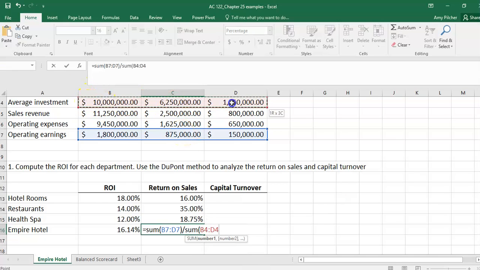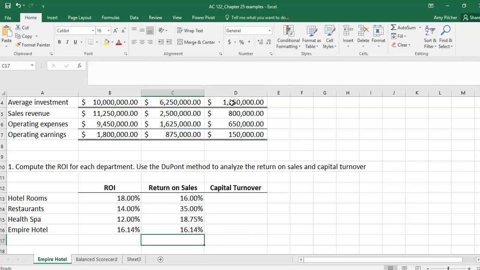We also have that some people use operating income for these calculations, some use net income, and by making different choices, it's hard to really compare what one ROI is saying over another ROI.